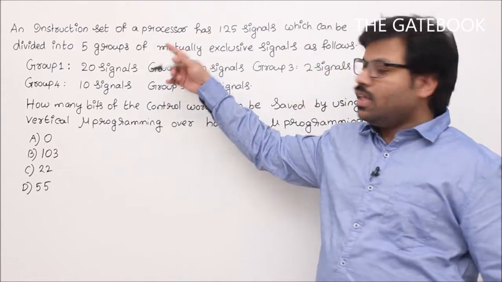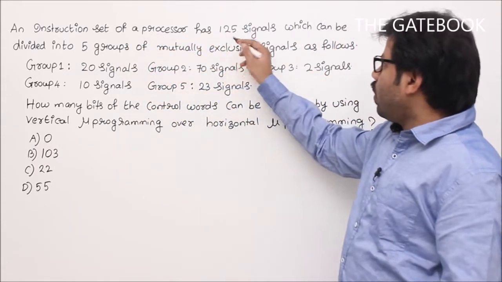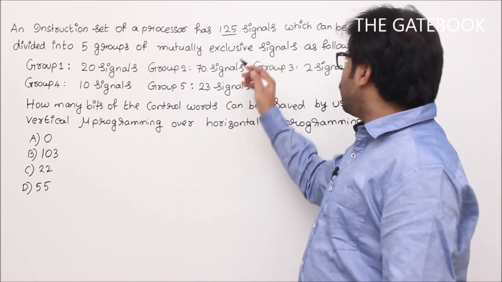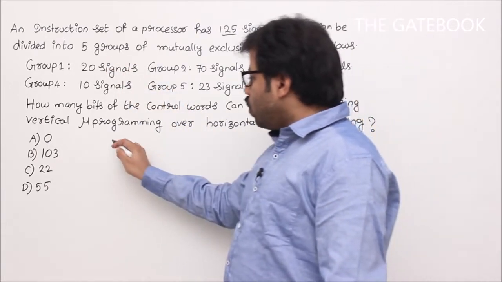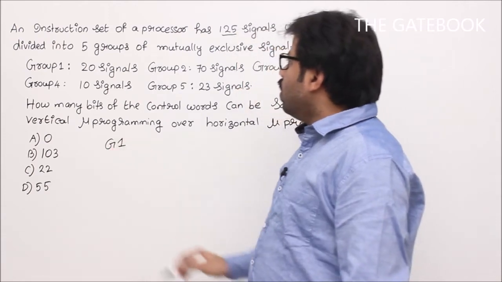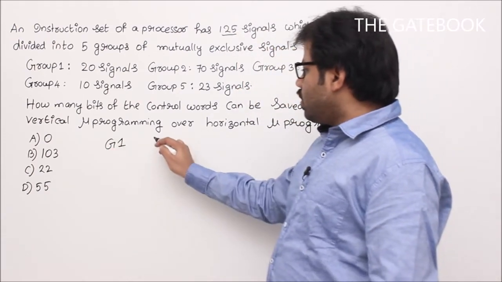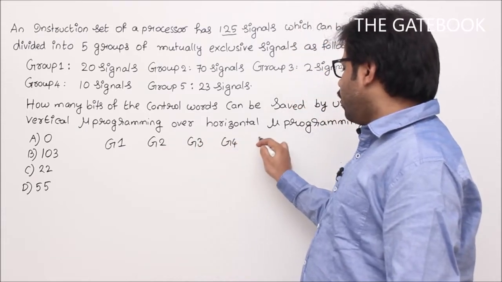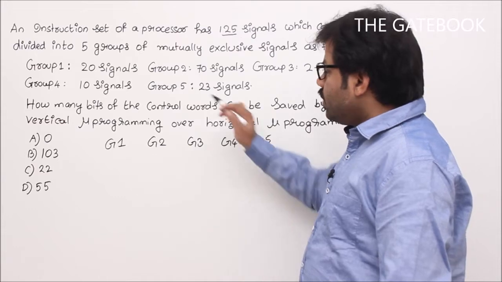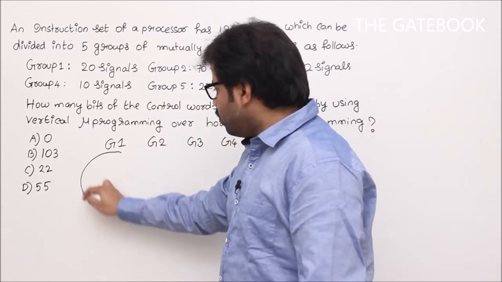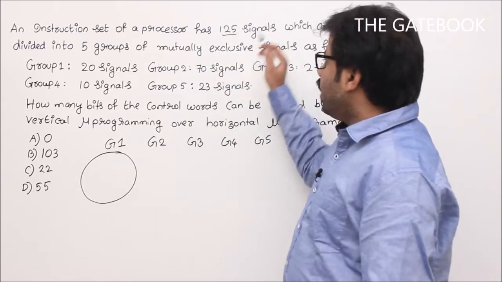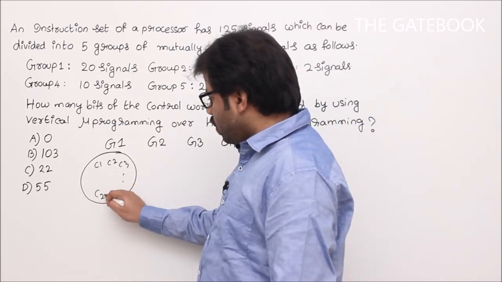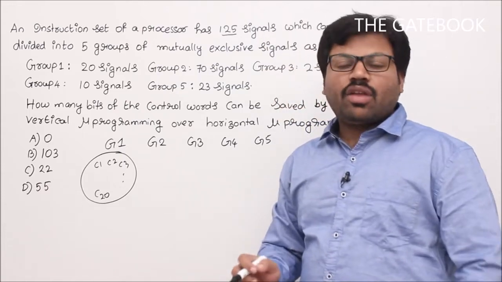We'll see the second question. An instruction set of a processor has 125 signals, which can be divided into 5 groups of mutually exclusive signals as follows: G1, G2, G3, G4, G5. The question says this group has some signals, for example 20 signals, C1, C2, C3, and so on up to C20. Those signals are mutually exclusive.